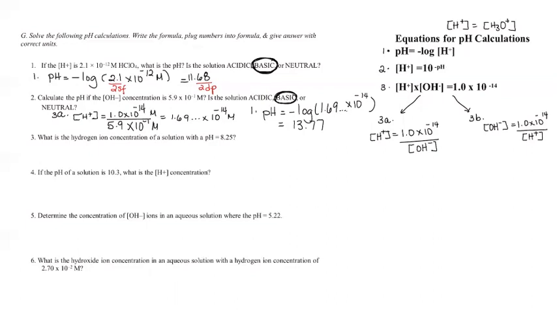Then let's go to problem number 3. It states, what is the hydrogen ion concentration of a solution of pH 8.25? So I need to find hydrogen ion concentration and I'm given pH. So which equation do I need? Great job.